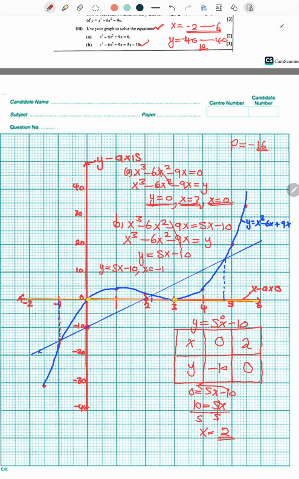We can say negative 1. The second point is this one, which is going to be 2.1. The third point is going to be this one, which is 4.7. And this is how you solve this particular question the easy way.